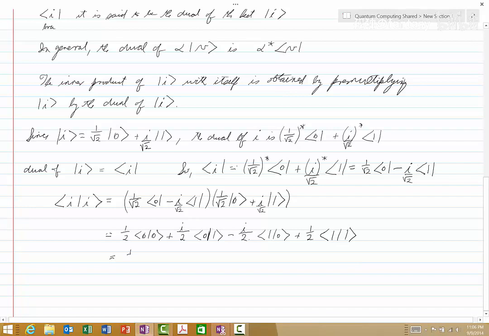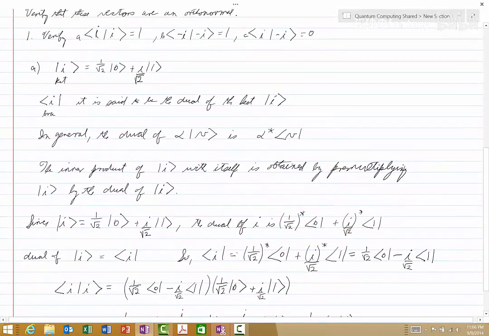So we get 1/2 times 1 plus i over 2 times 0 minus i over 2 times 0 plus 1/2 times 1 is equal to 1/2 plus 1/2, which is equal to 1. And that checks, that verifies the first thing that we wish to verify.